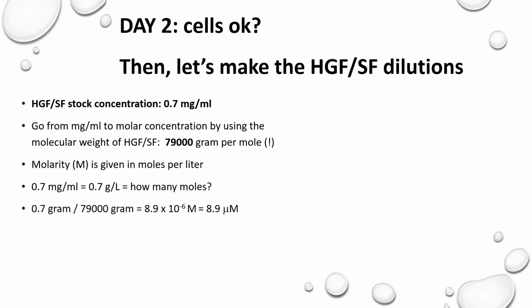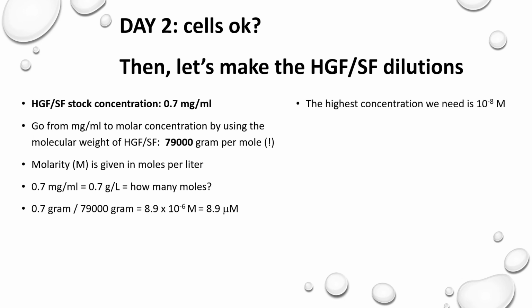How many moles are in there? Let's divide. 0.7 grams divided by the molar mass, which is 79,000, gives us a molar concentration of 8.9 times 10 to the minus 6, and that is 8.9 micromolar.